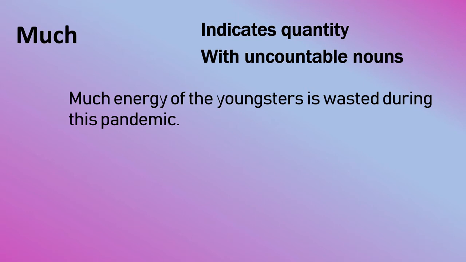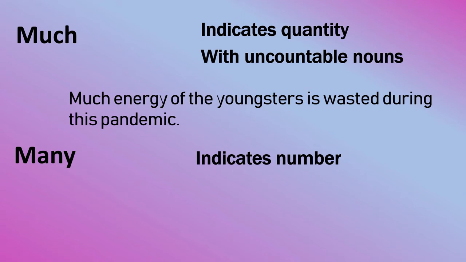We don't get a particular measurement from using much, but of course it gives us an indication of quantity. That's the use of much as a determiner. Now we can move on to the next determiner, many.